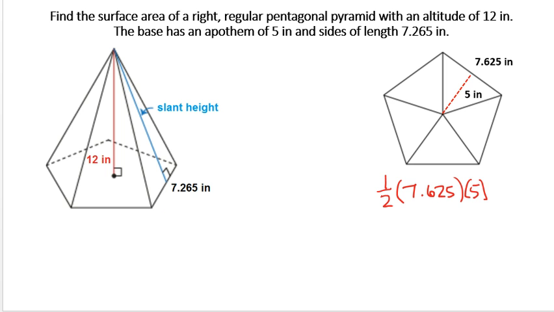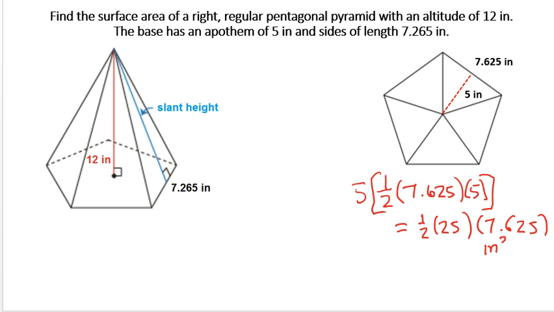So 1/2 times 7.625 times 5 is the area of one of these triangles, but you have 5 of them, and so 5 times that equals 1/2 times 25 times 7.625 inches squared. That is the area of the base.